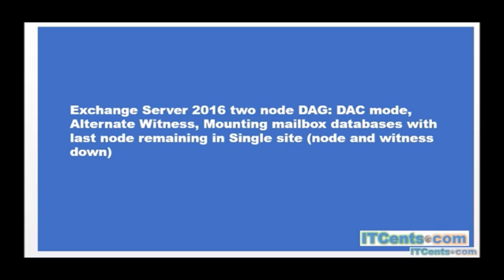What if I have just a two-node DAG in a single site environment, and I lose one of the nodes and the file share witness? In this case, how do I recover or mount my mailbox databases with the remaining node and with the help of the alternate witness? This is what we want to test. And all this we want to test in a single site environment.